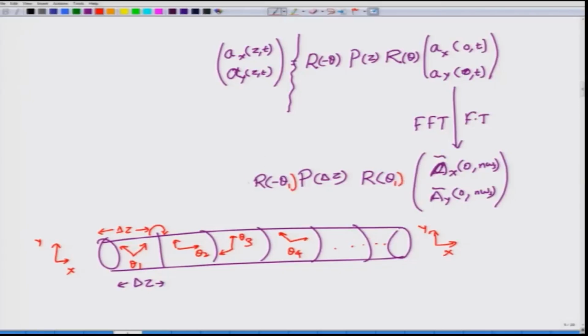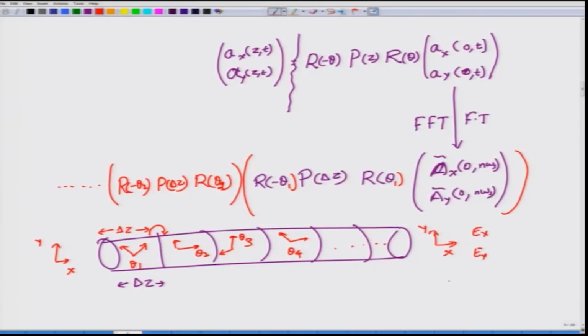So, once you have done this, this is the output at delta z with a birefringence angle of theta 1, and then you start multiplying by the same procedure. So, you take R of theta 2, P of delta z, which is of course constant, and then R of minus theta 2, and you again start multiplying and so on and so forth to obtain the Jones vector at the output.